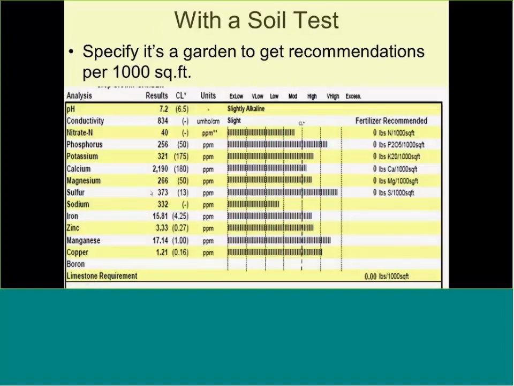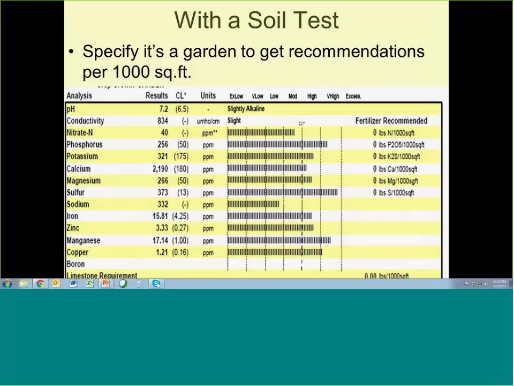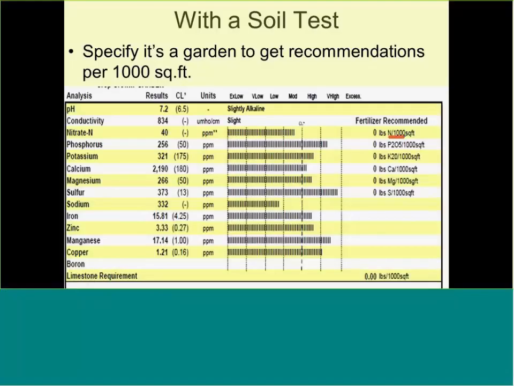If you get a soil test, make sure when you send a sample that you specify that it's a vegetable garden. This way the results come as amount per 1,000 square feet, like it's in here. Because if you don't, the results will come back as amount per acre.